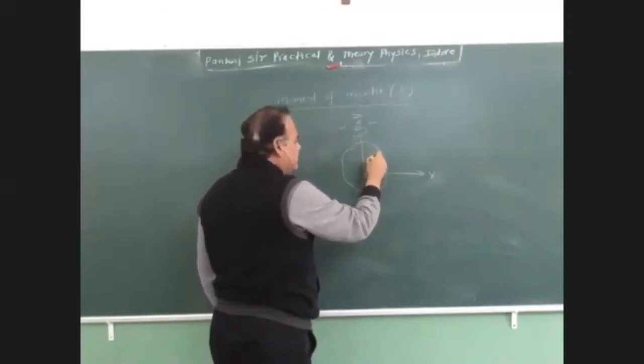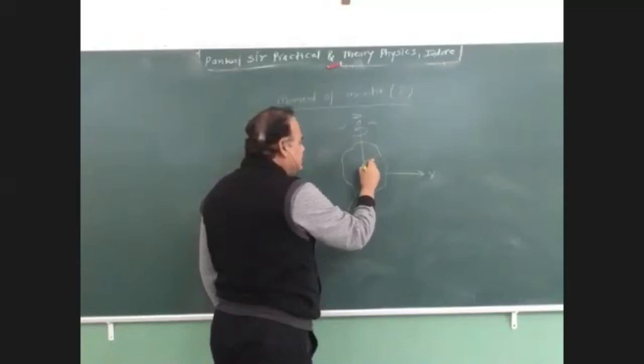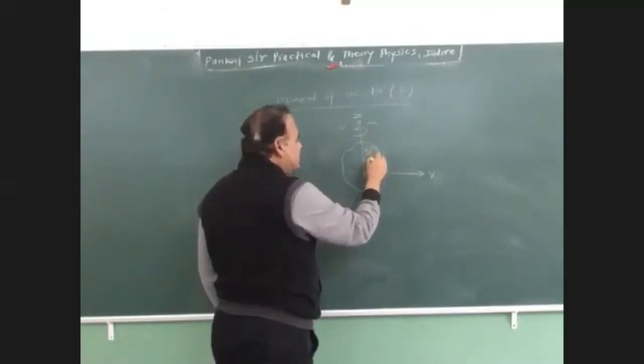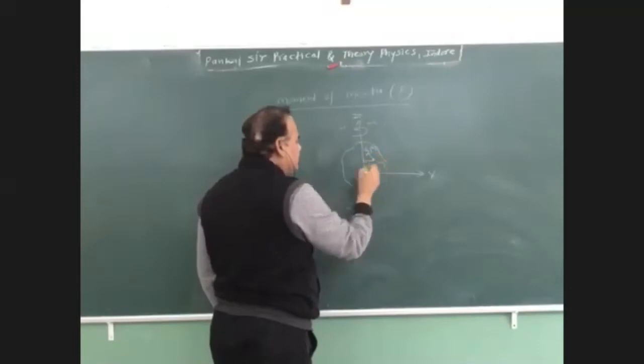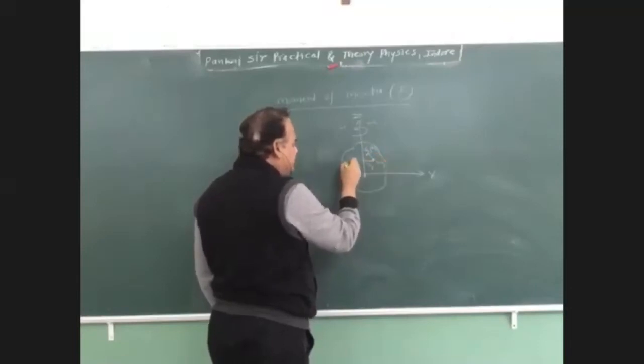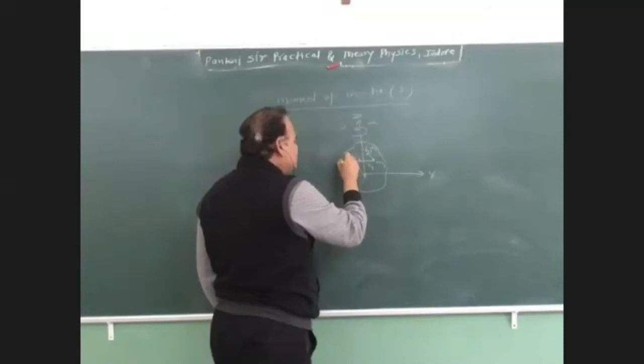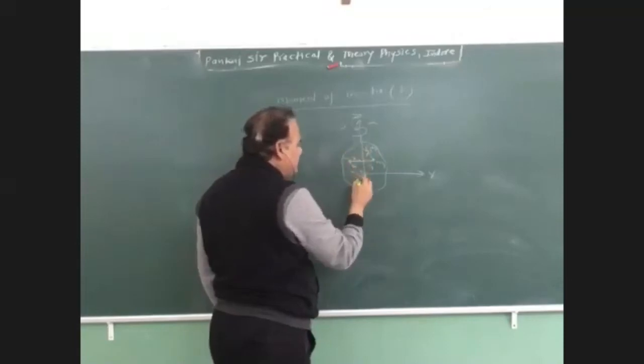This is the first particle. Its distance from the axis of rotation is r1, its velocity is v1 and acceleration is a1 and mass is m1, right? Similarly, we have a second particle here, m2. Its velocity is v2, acceleration is a2, distance is r2.